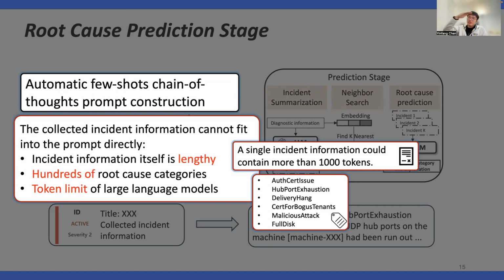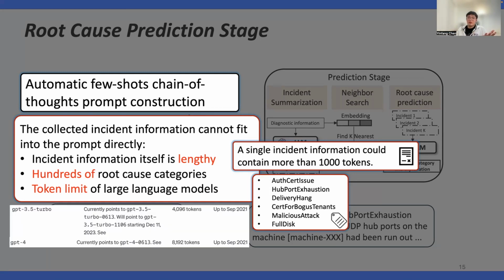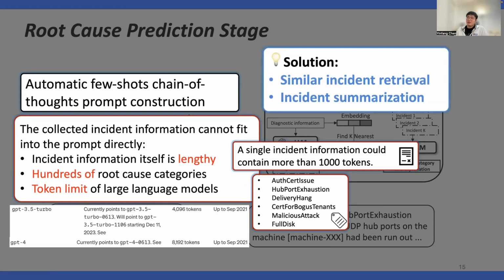So if we just choose one incident instance from these root cause categories, there could be hundreds of examples. For each example, you could have more than 1,000 tokens. We all know that the current GPT-4 or GPT-3.5 only have 4,000 or 8,000 tokens, which is not enough for our context, right? So the solution provided by us is to do similar incident retrieval and also incident summarization.